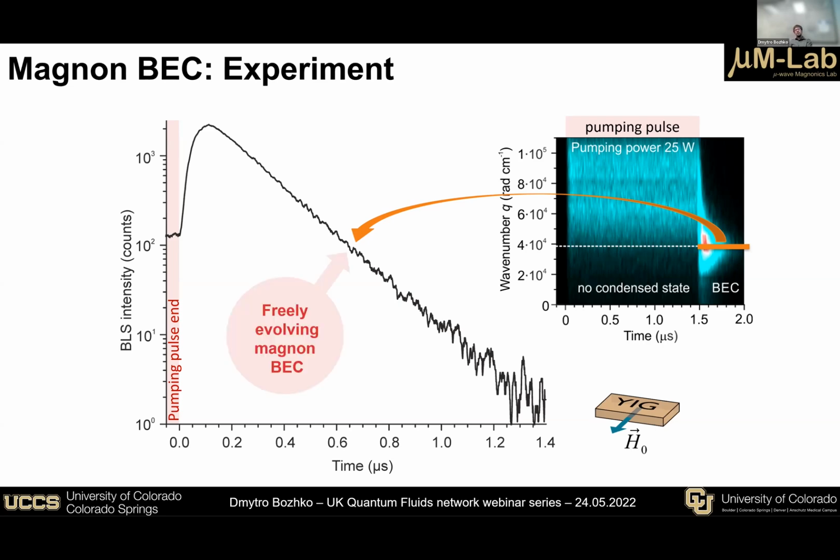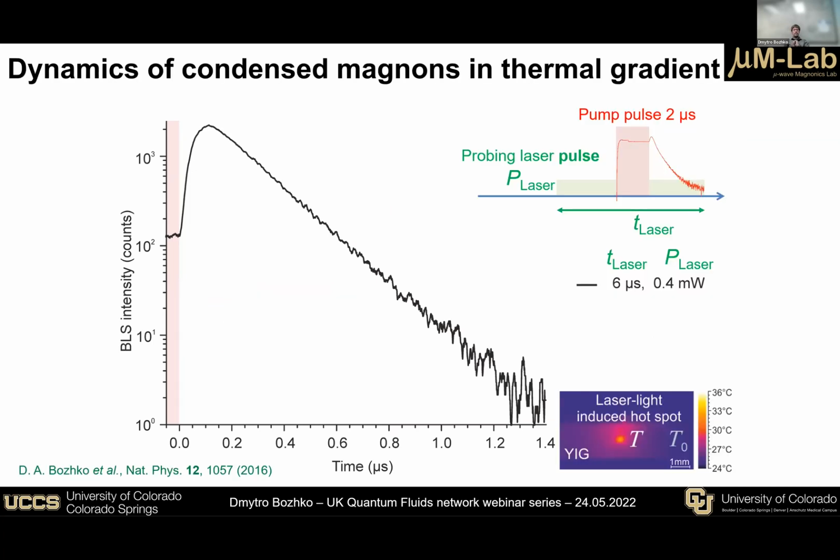And then on top of this freely evolving magnon BEC, we start to increase the laser heating by increasing the probing laser pulse, both power and duration of the illumination.